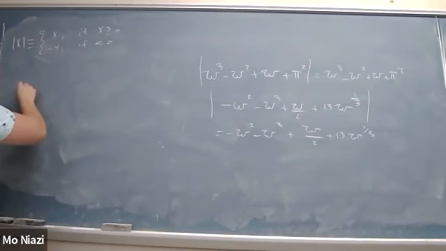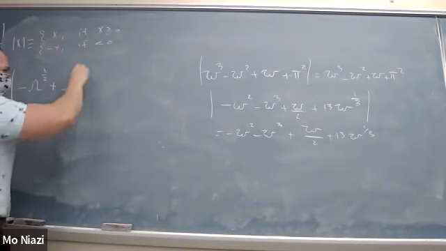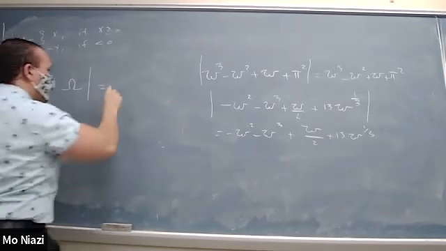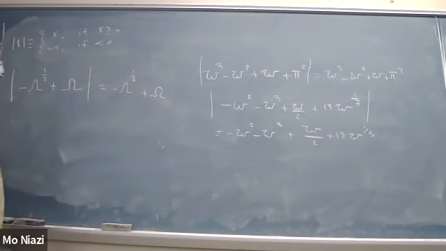What about this? Same again. Why? Because capital omega to the first power is higher on the level than negative capital omega to the half power. Okay. What about this?